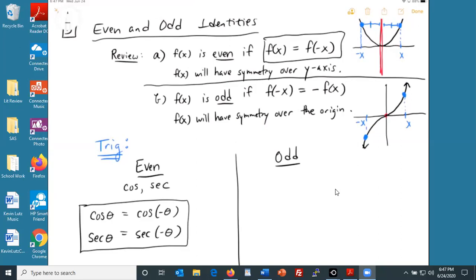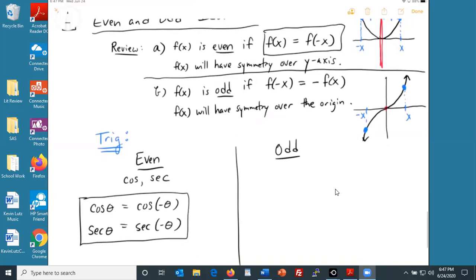And the odd ones are the other four. So remember: sine, cosecant, tangent, cotangent. We're going to write those like this, where f of negative x, or sine of negative x, I'm going to use theta instead, is equal to negative f of x.